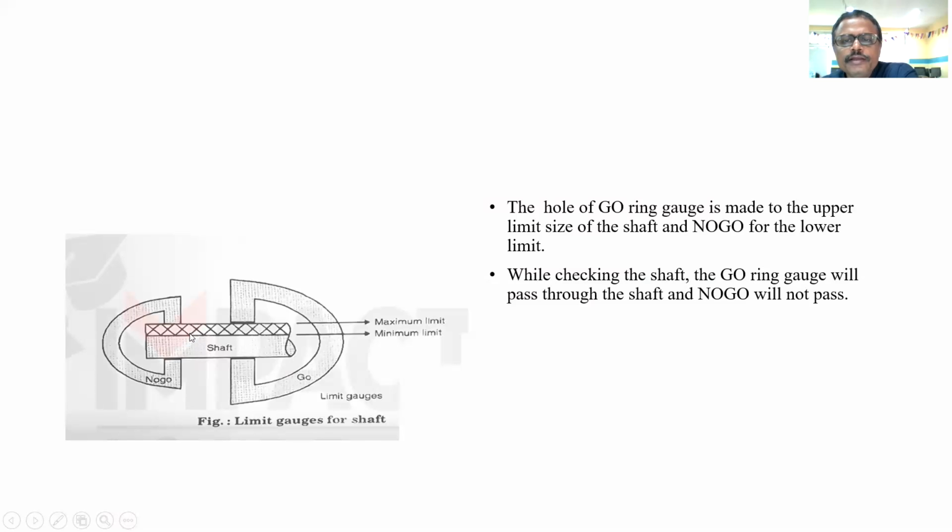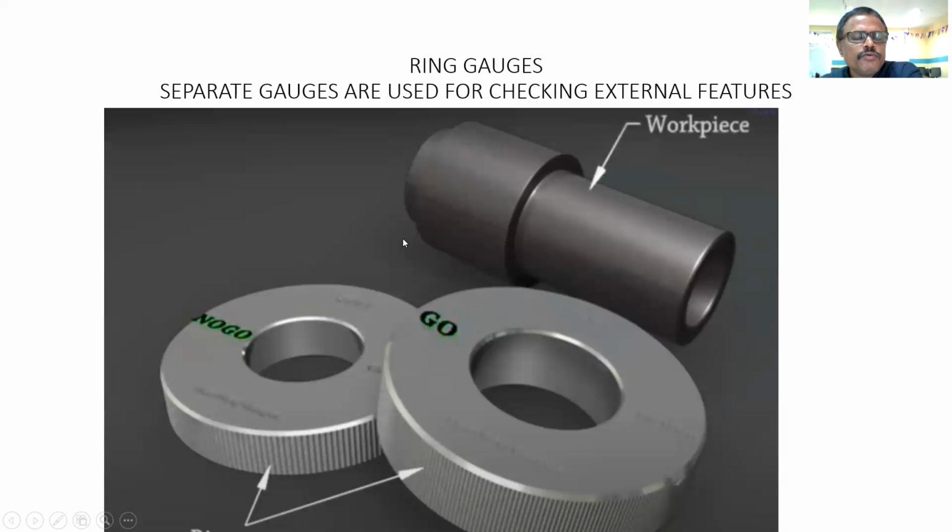When we are checking the shaft, the go ring gauge will pass through the shaft and no go will not pass through it. That can be seen here in our diagram. So what are these gauges for shafts? They are called ring gauges. Checking the shafts is done by the ring gauges.